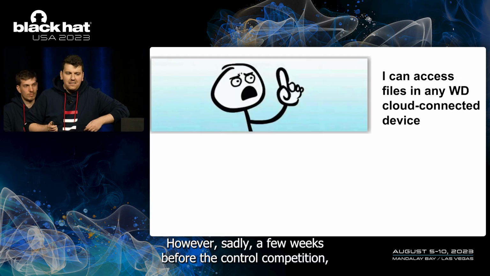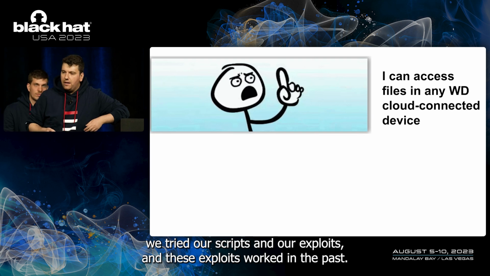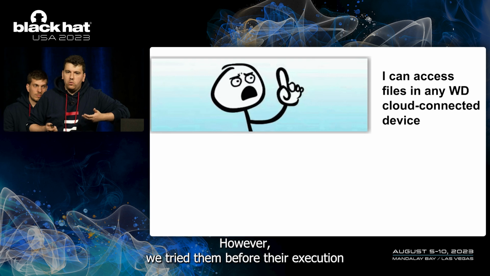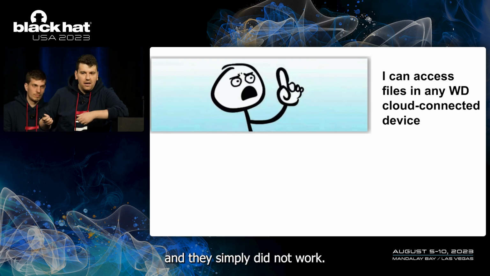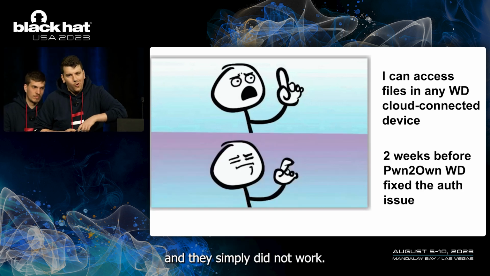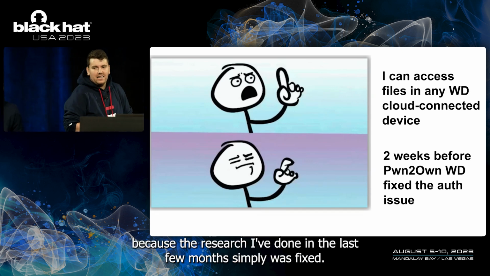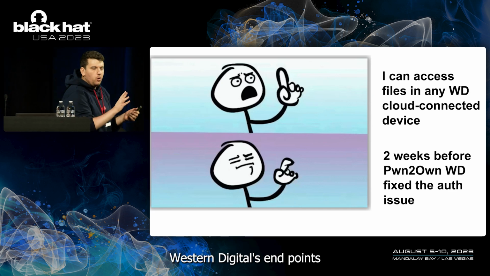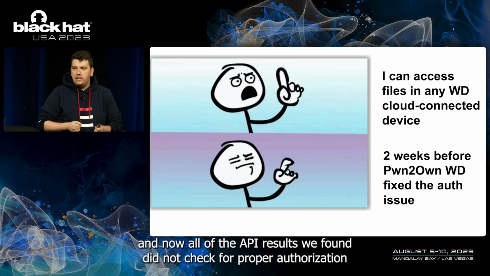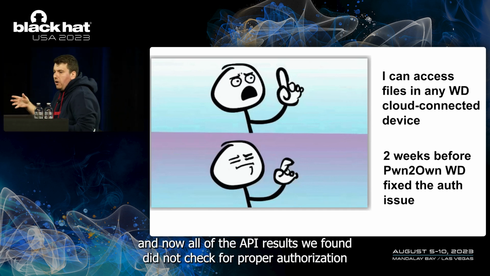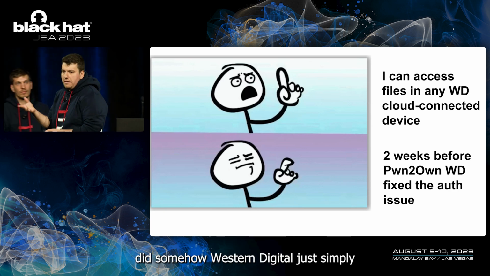However, sadly, a few weeks before the Pwn2Own competition, we tried our scripts and our exploits. These exploits worked in the past, however, when we tried them before the competition, they simply did not work. This was heartbreaking for me because the research I had done in the last few months was simply fixed on Western Digital's endpoints, and now all of the API routes we found that did not check for proper authorization did.